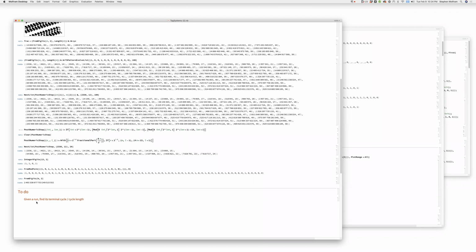And also that cycle itself. Given a run, find its halting time, which we don't actually know right now. You know what I'm saying? So we have to go back and kind of binary find it.